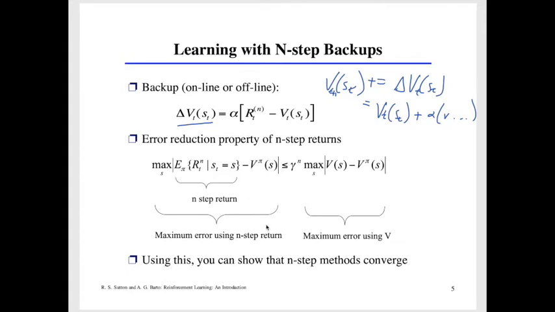So there are some convergence properties of this, showing that an n-step method will converge at least as well as a single-step method, because you're not throwing away any extra information, right?